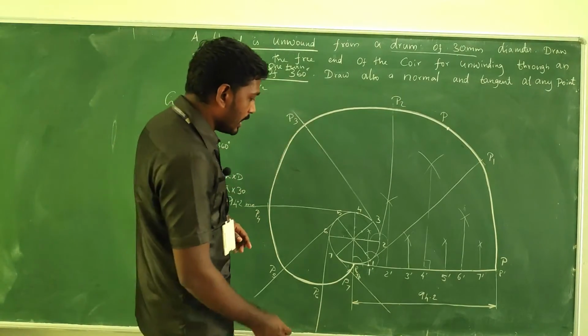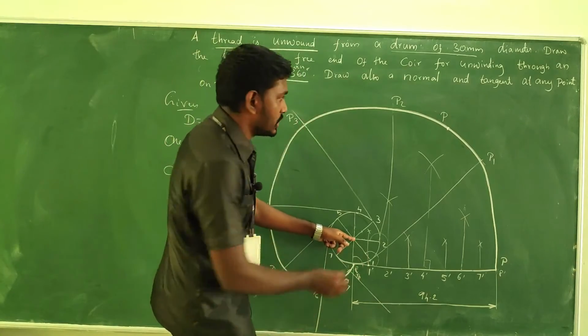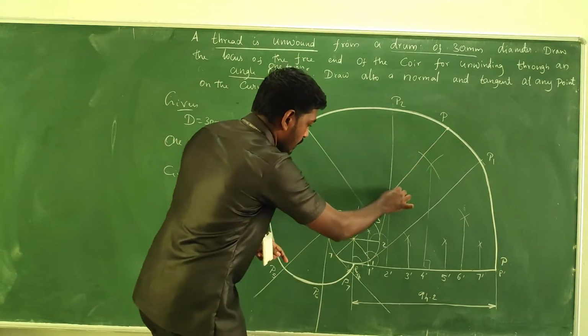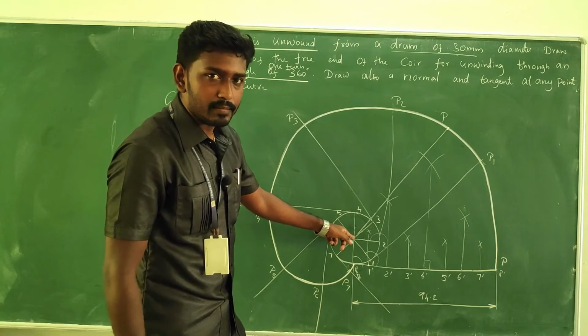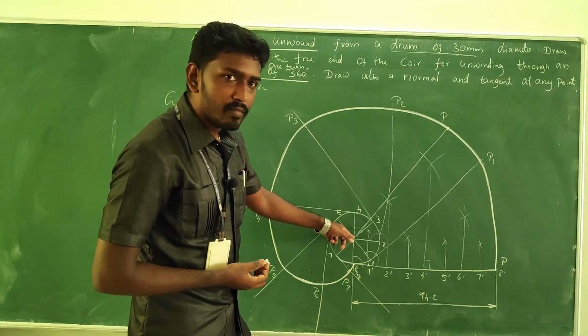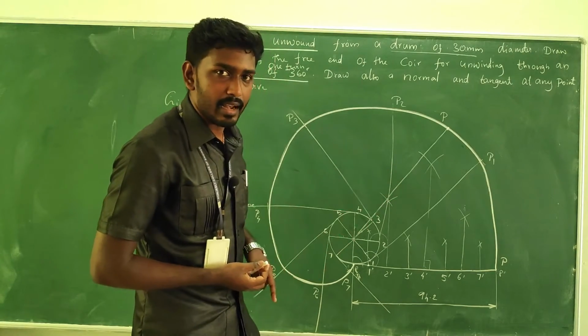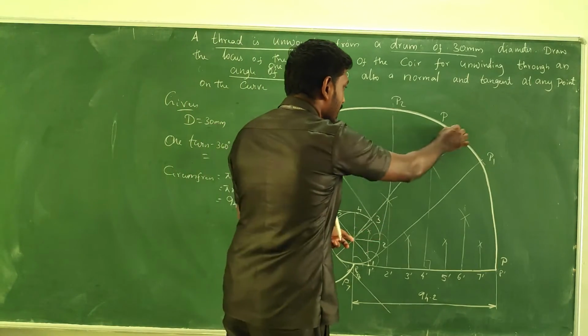In order to draw it, take a line to the center of the circle, in this manner. Then in order to draw the normal, we need to draw a semicircle, right? For that, first of all, we need the center of this line.